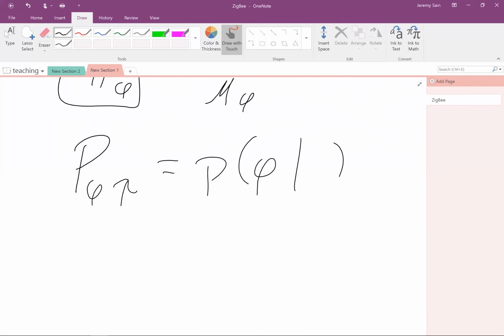But I can make a matrix by saying, okay, the probability of phi given psi. Well, you can do a little simple calculation.